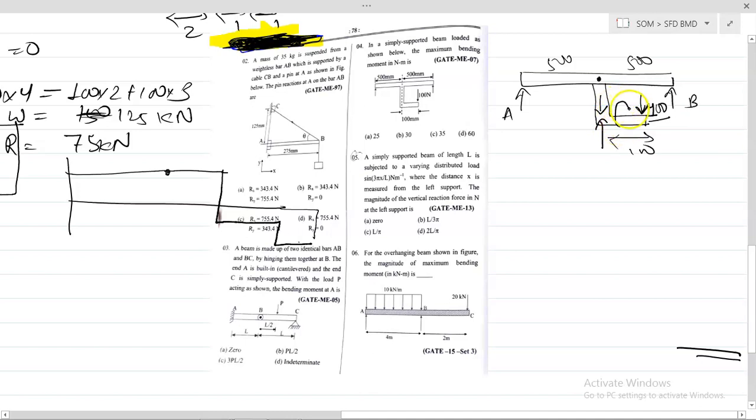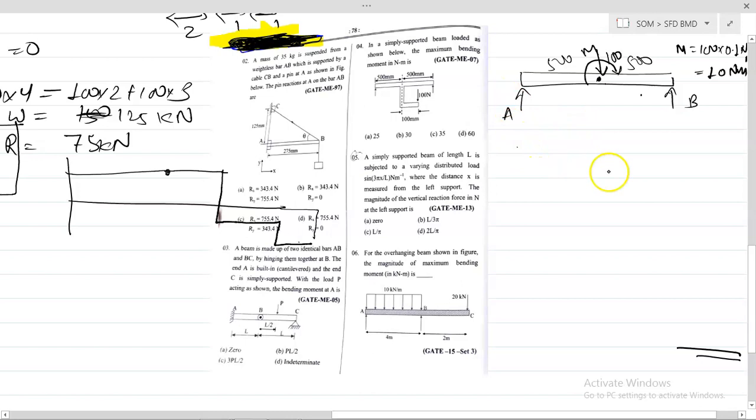So the couple M is 100 into 0.1 Newton meter, that is equal to 10 Newton meter. Now I can erase the bottom part. The question has been transformed to this part.